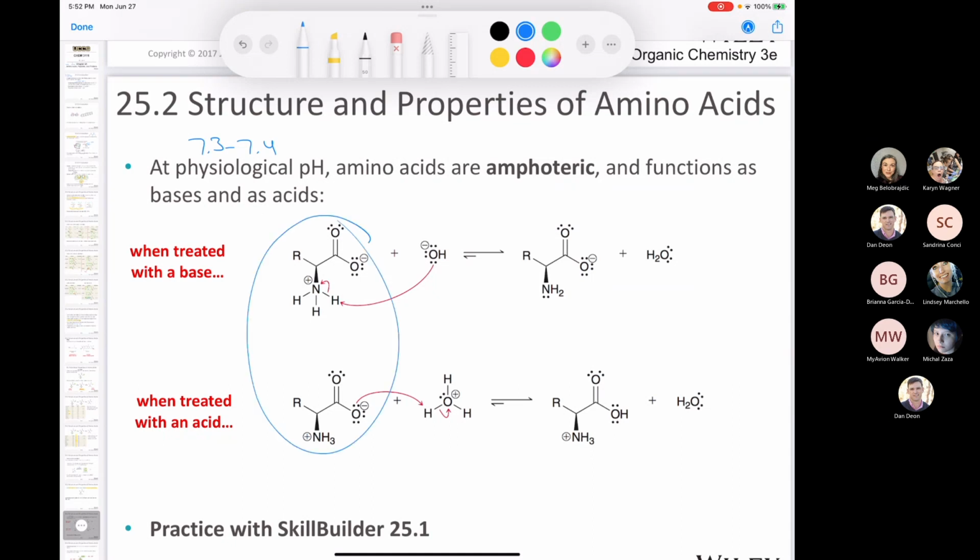If you have the zwitterion form of an amino acid and you put it in a strong base, it can rip the proton off the protonated amine. But if you put it in a strong acid like this, then you're going to protonate the carboxyl group. So again, they can behave as an acid, as it is here, or they can behave as a base, as it is here. Amphoteric, functioning as an acid or a base.